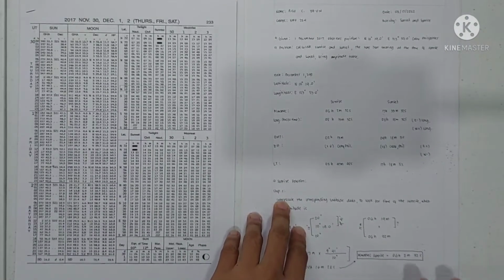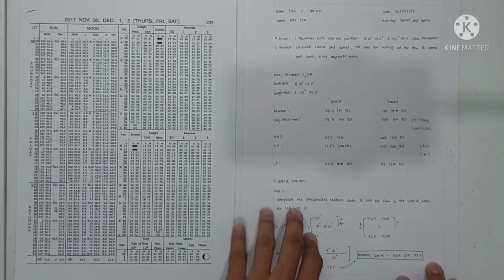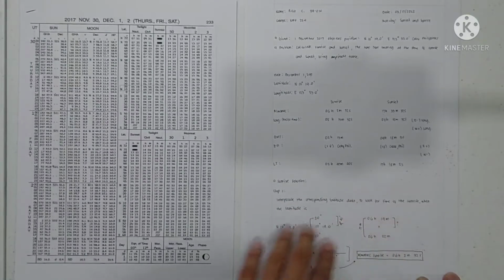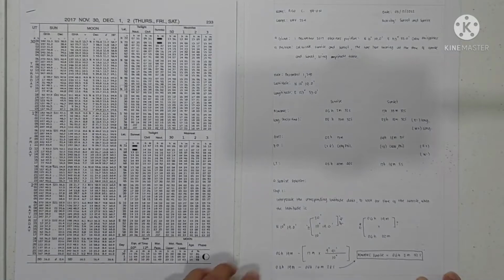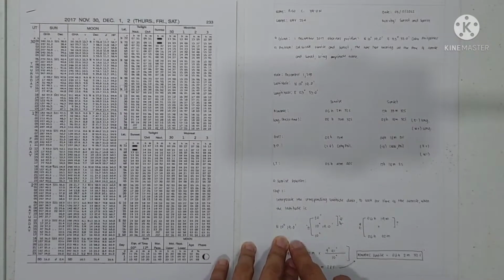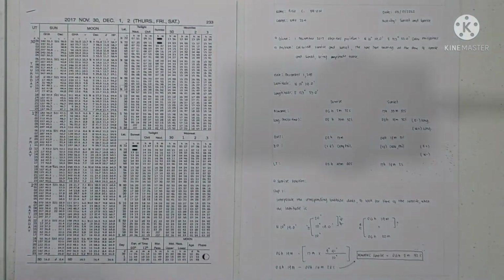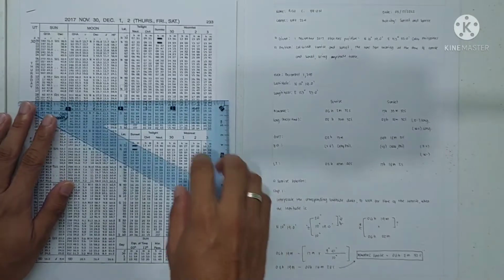So I have here the steps. Step 1, interpolate the corresponding latitude data to look for the time of the sunrise when the latitude is north 10 degrees and 19 minutes. So first, we need to go to our nautical almanac or nautical pages.